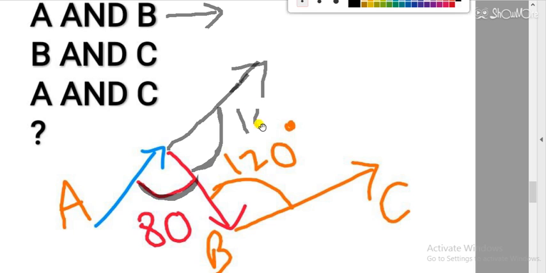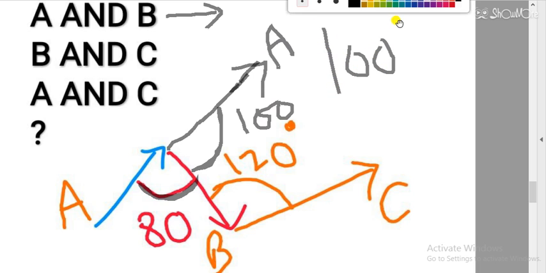Now the tail of A is meeting the tail of B. That means the angle between A and B will be 100 degrees. I hope it is clear.